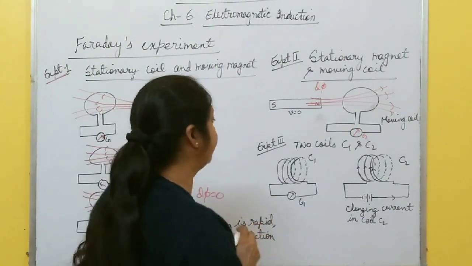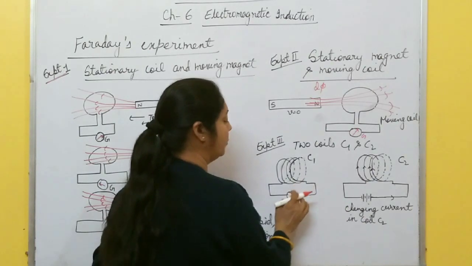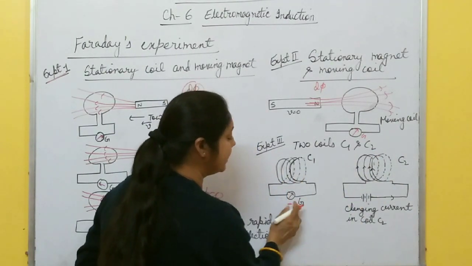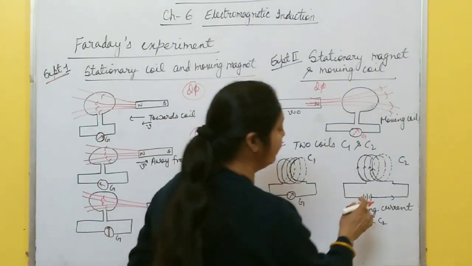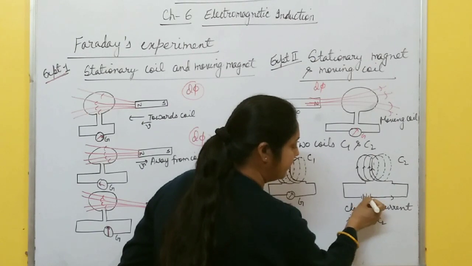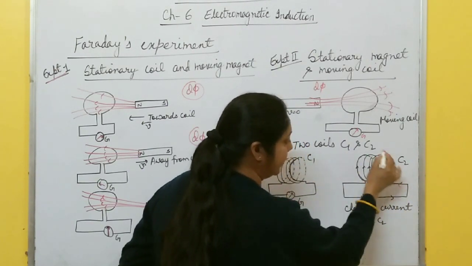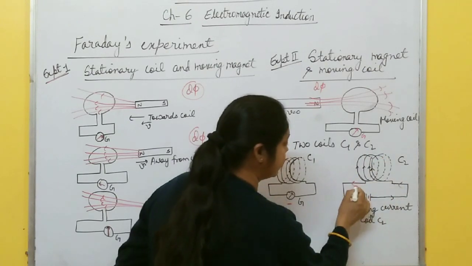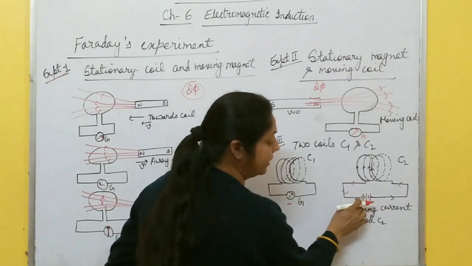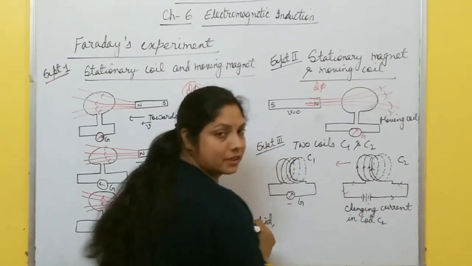This is the second experiment. Now in the third experiment, he has taken two coils, C1 and C2. In the C1 coil, a galvanometer is connected, and in the C2 coil, a battery is connected, right? The battery is connected, it means this is the positive terminal, and current is flowing in this direction. Now the C2 coil, in which the current is flowing, moves towards the other coil.